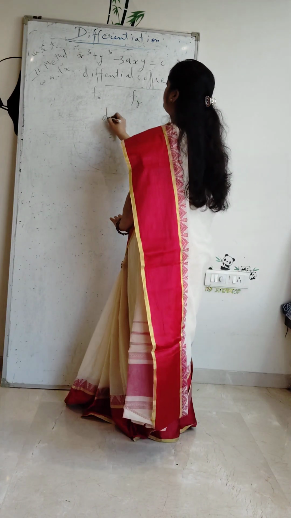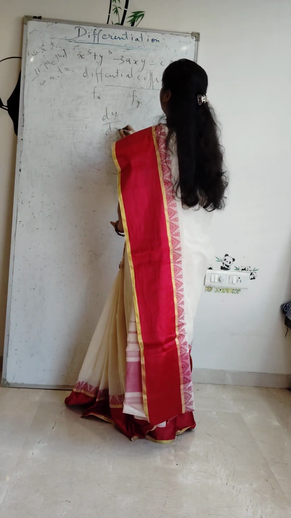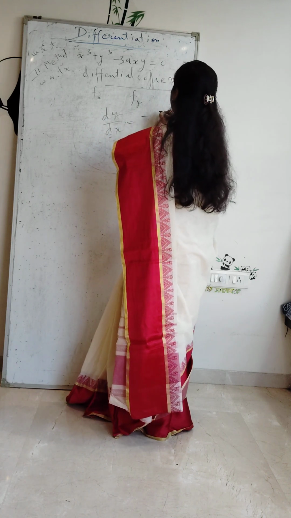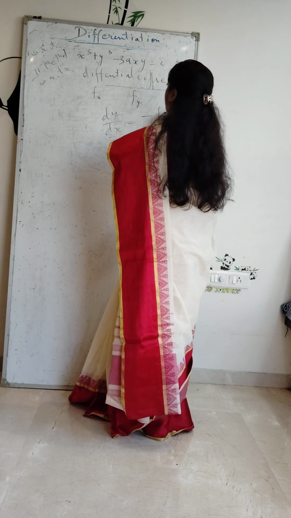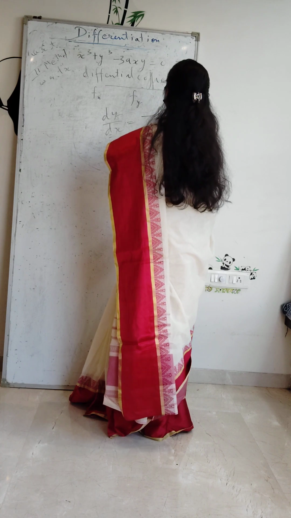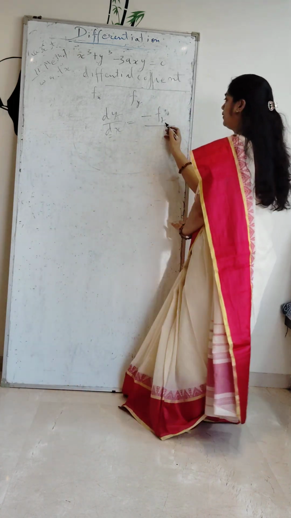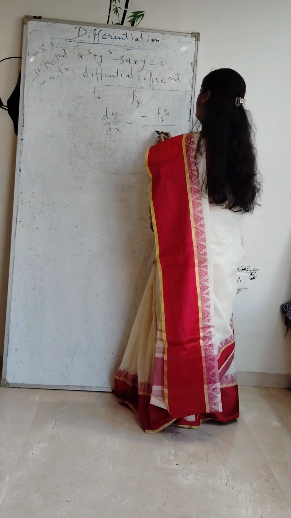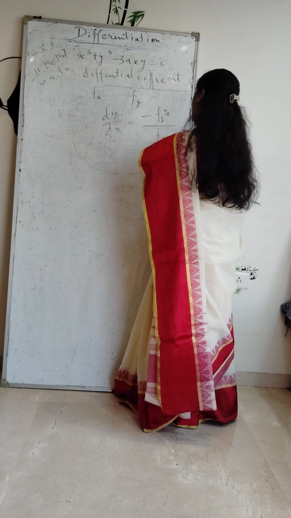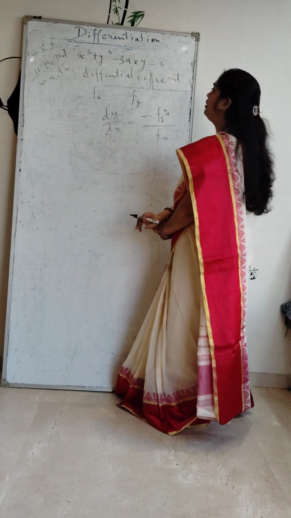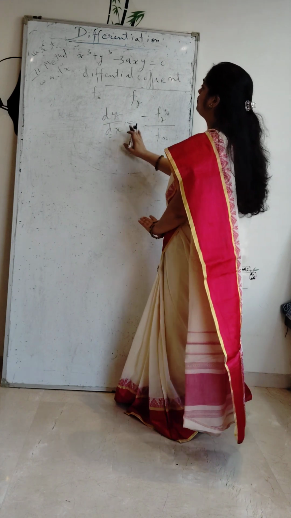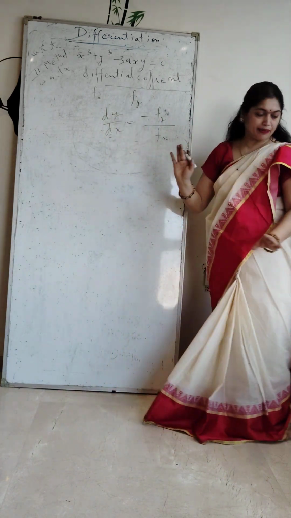So dy by dx will be minus of fy upon fx. I will now explain how we find the differential coefficients.